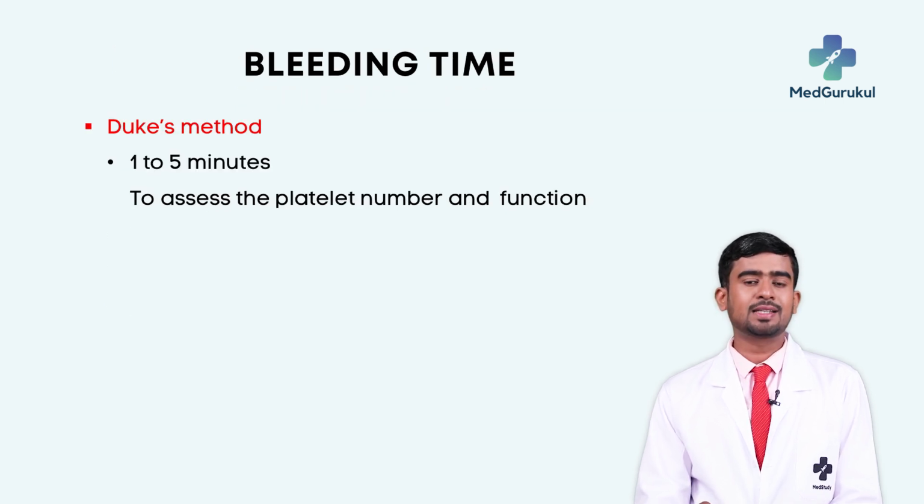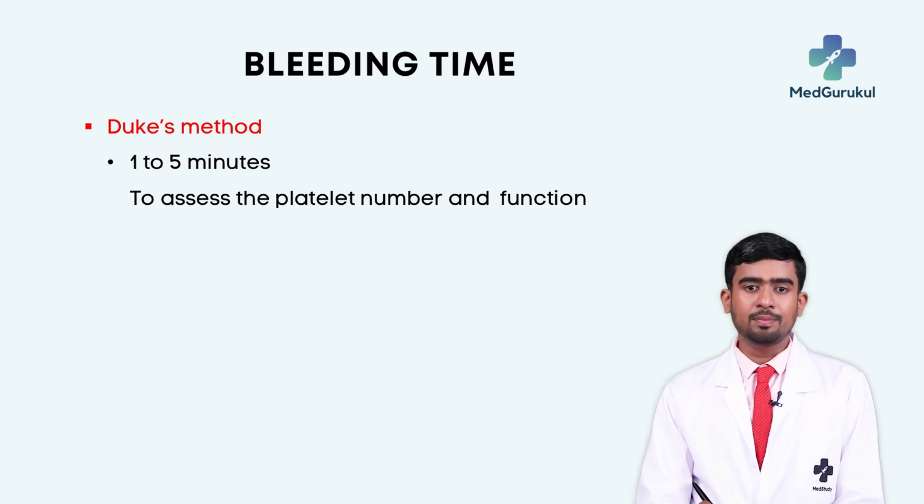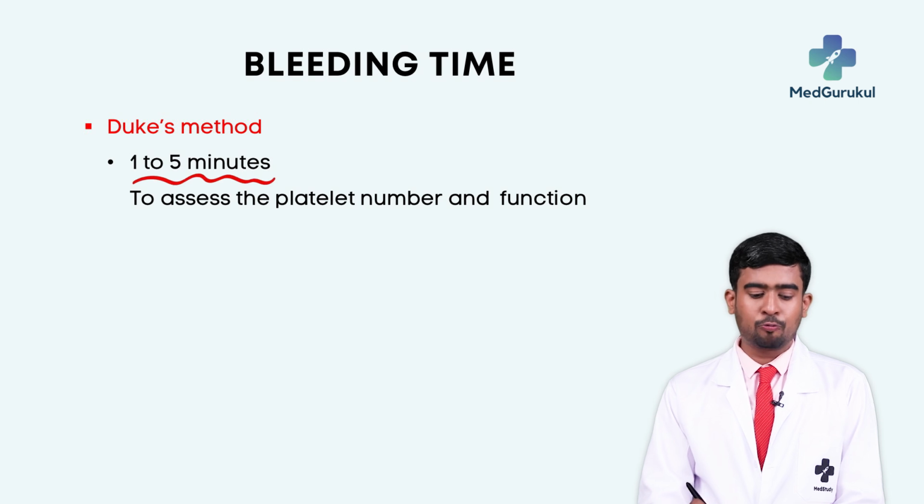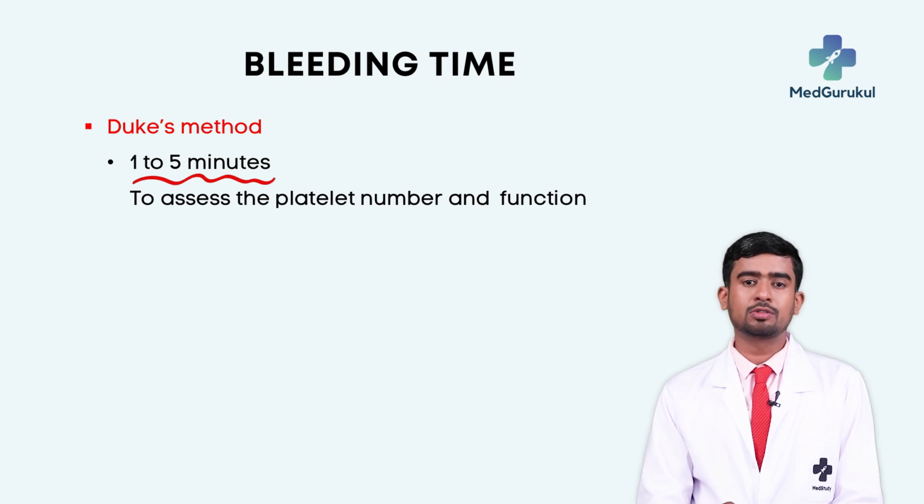Bleeding time is a test, as we have already seen, which assesses the temporary pathway of hemostasis, that is platelet plug formation and vasoconstriction. The normal bleeding time is around 1 to 5 minutes when it is done using Duke's method, that is by pricking the earlobe and soaking the filter paper every 30 seconds and finding out how long the bleeding lasted.